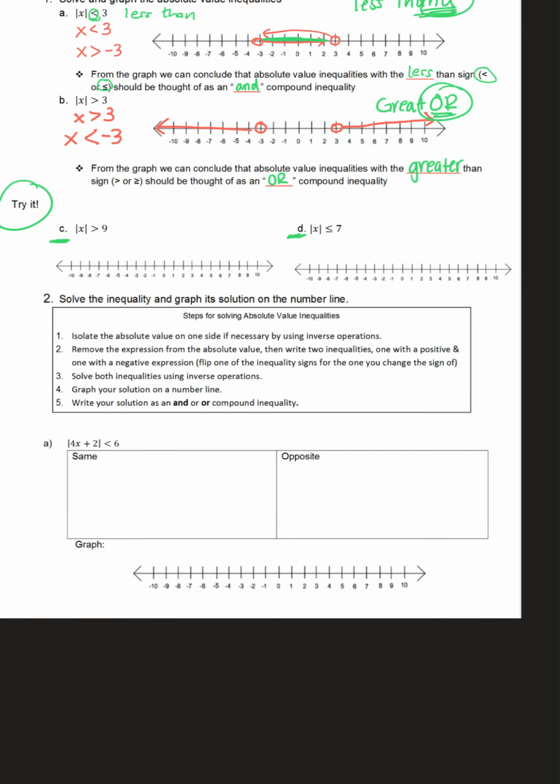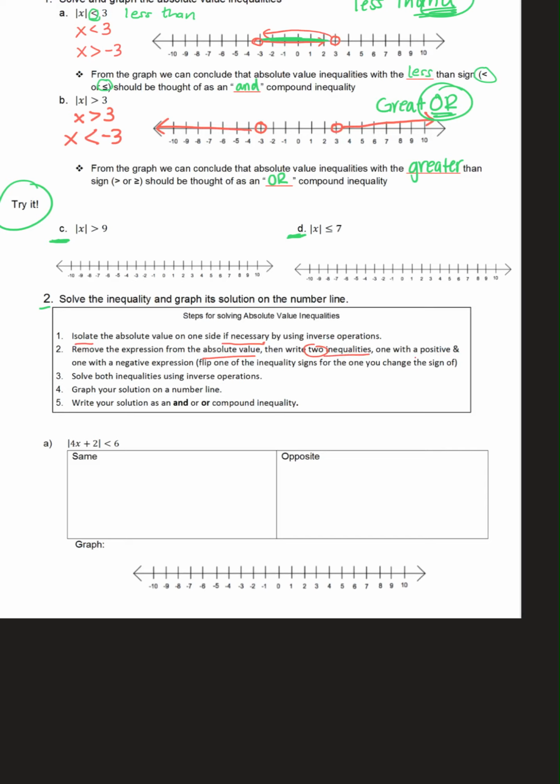Okay, now that you have completed C and D of number 1 for example 3, we are moving on to number 2. Solve the inequality and graph its solution on a number line. So number 1, first we might need to isolate the absolute value onto one side if necessary by using inverse operations. We had to isolate stuff with equations as well in the last video, so that step hasn't changed. Number 2, you're going to remove the expression from the absolute value and write two inequalities.